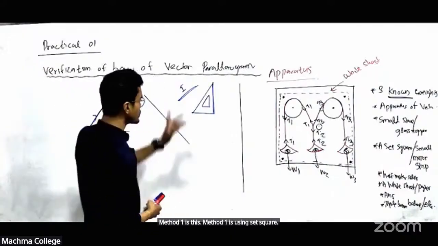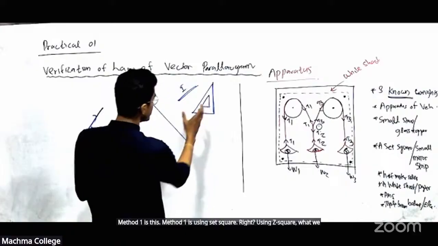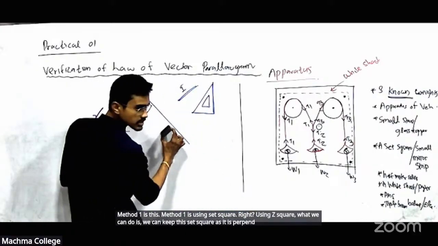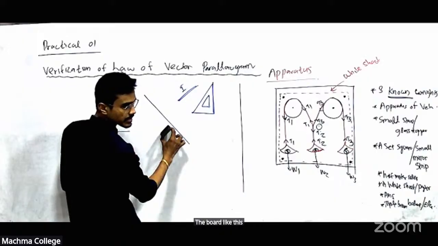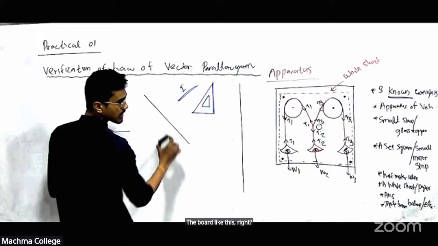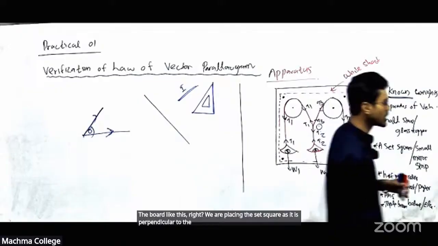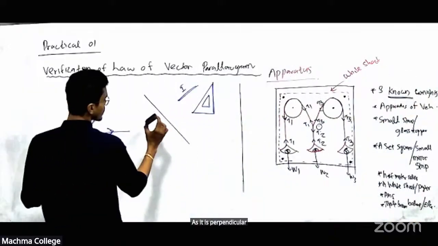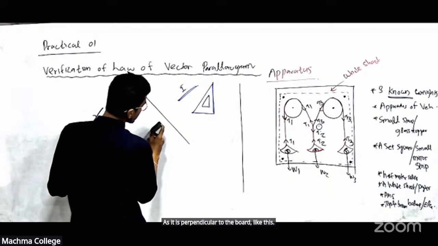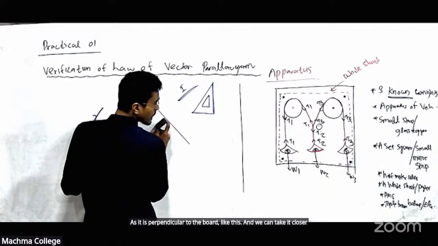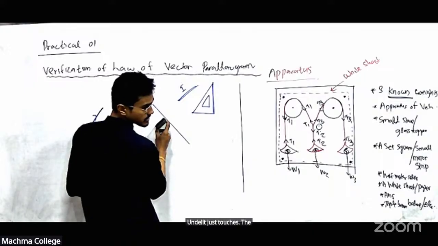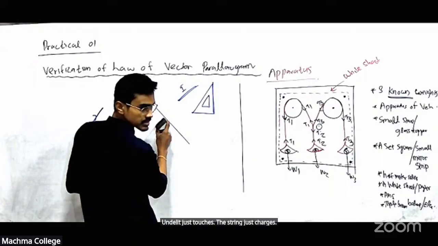Right? Using set square, what we can do is we can keep this set square as it is perpendicular to the board like this. And we can take it closer until it just touches the string. Right?